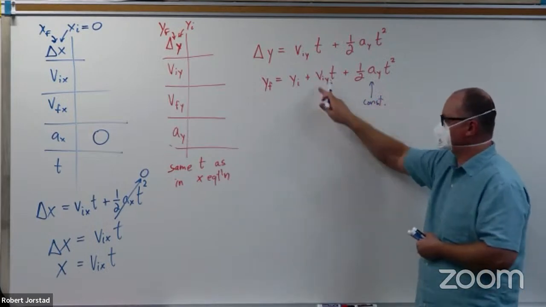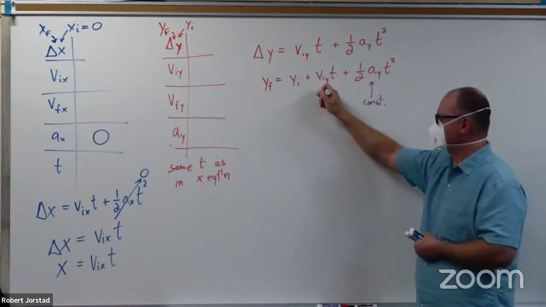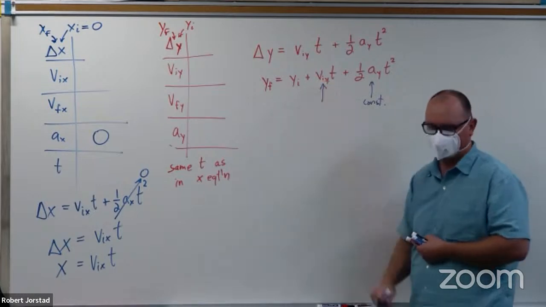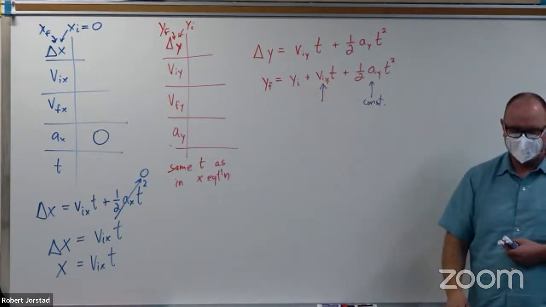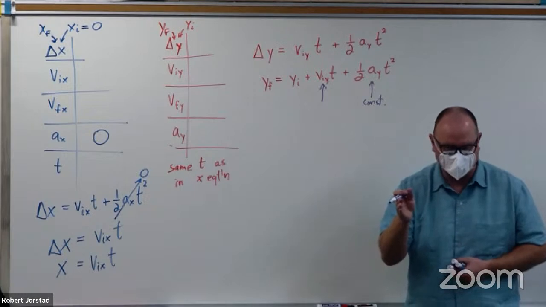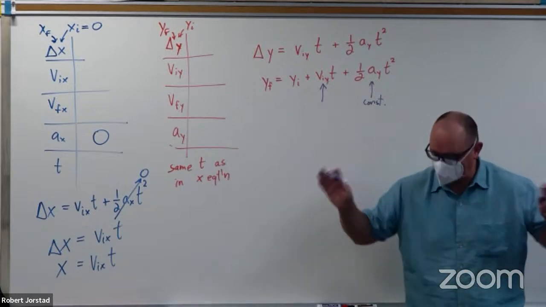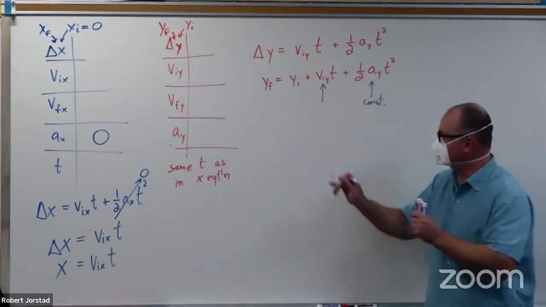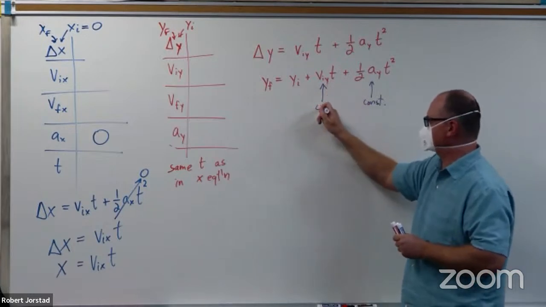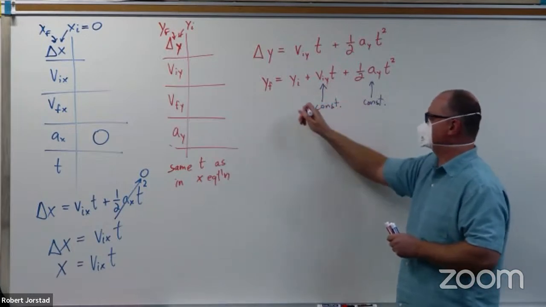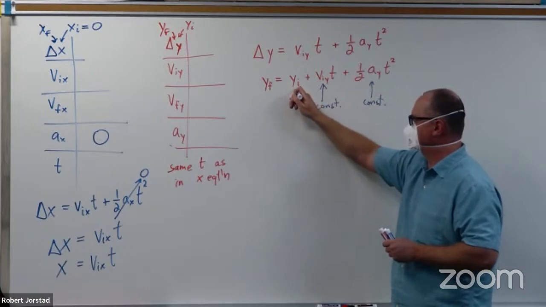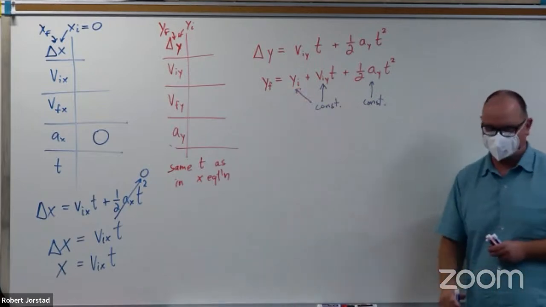What about v initial y? Is that going to be changing as the ball flies around? That's the initial velocity, not the velocity. The velocity is changing all the time, the velocity of the y, but not the initial. That's a constant. What about its initial position? It's also a constant.